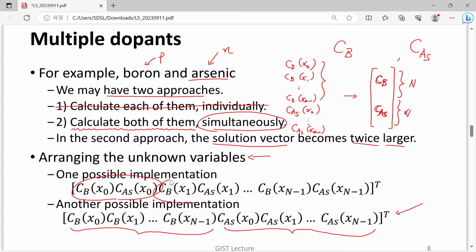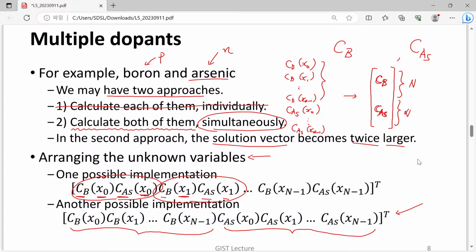Please have a look at this one. In this case, we first consider a given position and collect all available solution unknowns. I mean that here we have Cb and arsenic concentration at the first node, or zeroth node, and for the first node we have Cb, C arsenic, something like that.